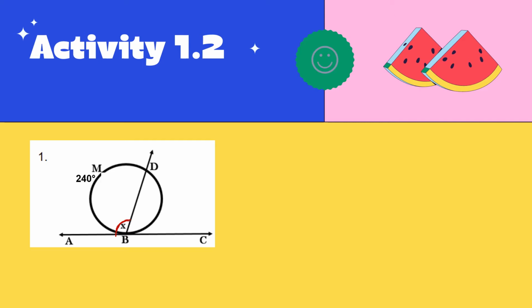The measurement of this angle is 1/2 the measurement of its intercepted arc, and the intercepted arc here is arc DMB, which is 240 degrees, and 1/2 of 240 degrees is 120 degrees. Therefore, the value of x, or the measurement of angle x, is 120 degrees. That's it.